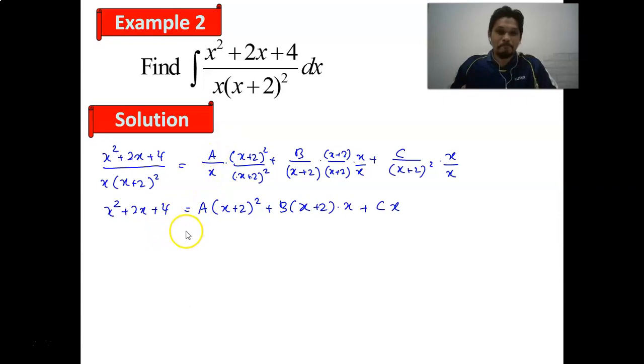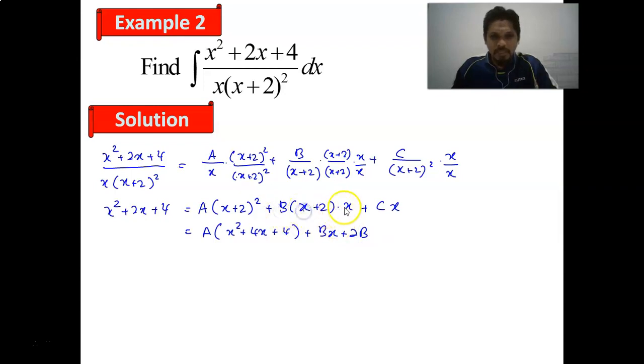Let's try the expansion of this (x + 2) in bracket square, which is x² + 4x + 4, plus Bx + 2B, oh no, B times x and x, Bx², and B times 2, 2B, and then plus Cx.